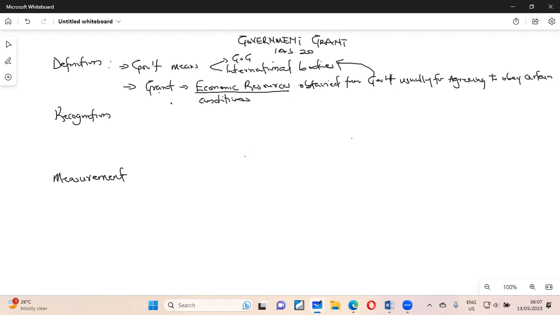So you agree to obey certain conditions and they give you the grant. We all know what these things mean.